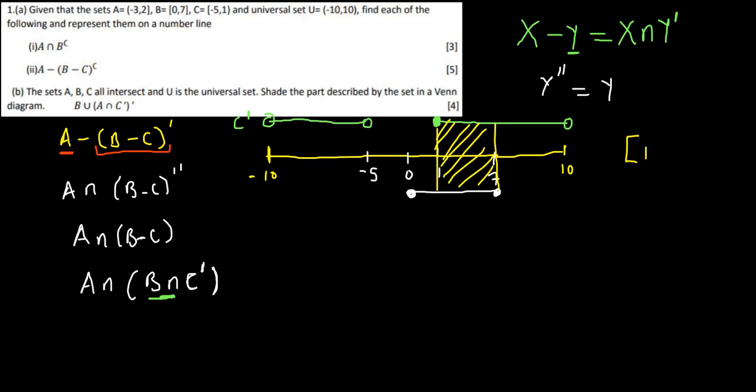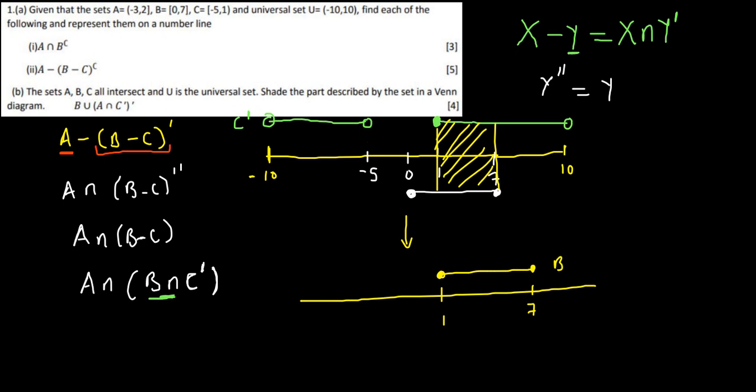But what I can do is I'm going to do this. I'll write it on another number line from 1 up to 7. From there up to there. So what is this one? This is B intersection C complement.